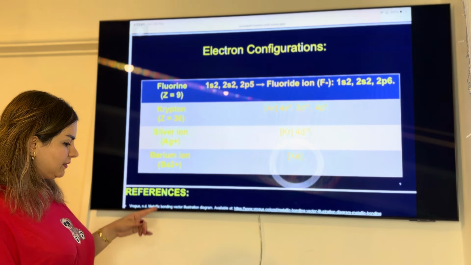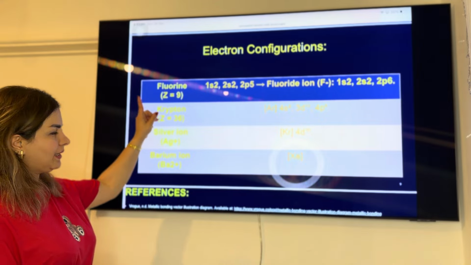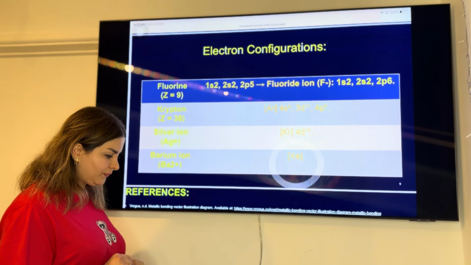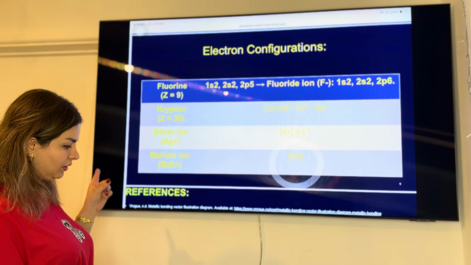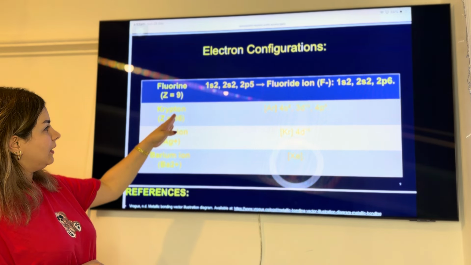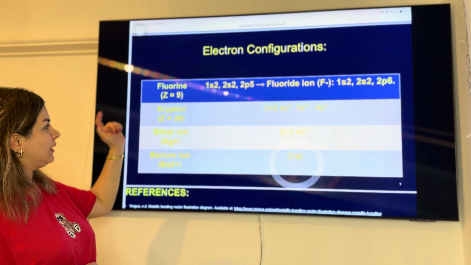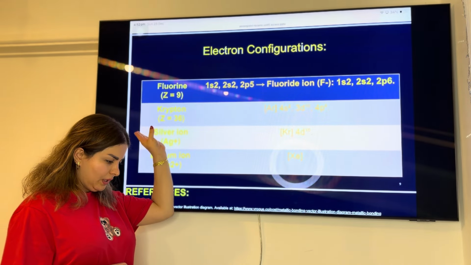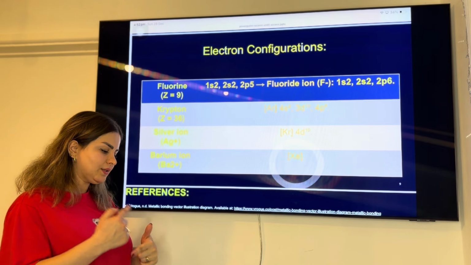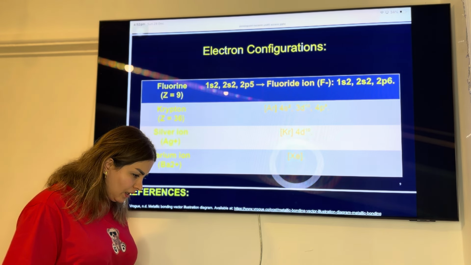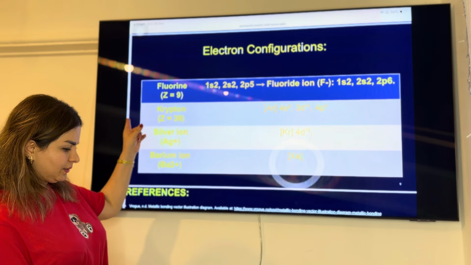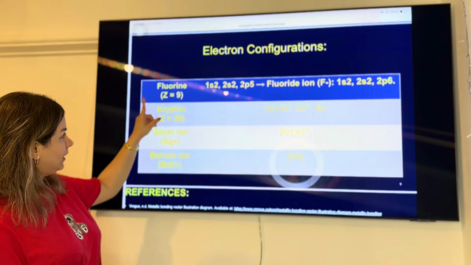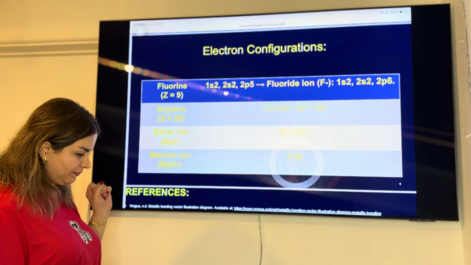Krypton already has a full outer shell as it is a noble gas. Krypton has 8 electrons in its outer shell, which gives it extra stability. That explains why it is chemically unreactive.